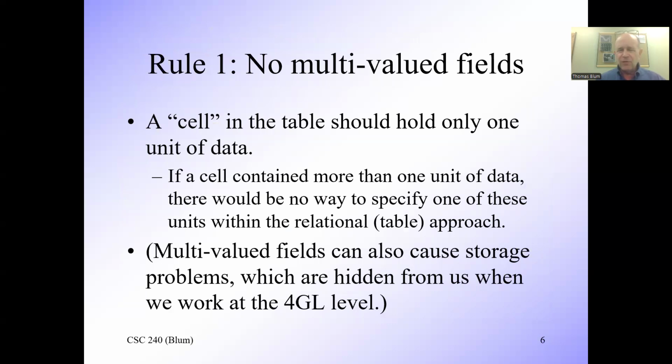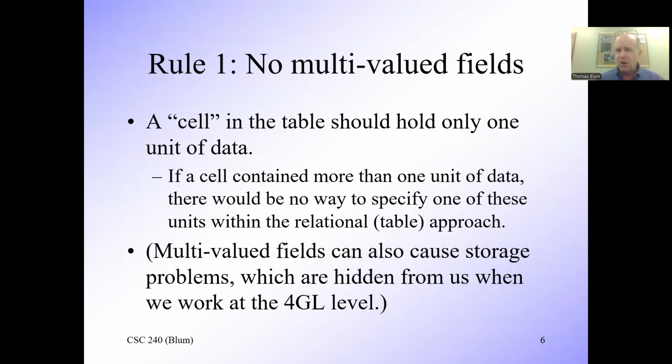Okay. So our first rule is that to be able to identify a unique piece of information, we should have no multi-valued fields. When I get down to tables, each little cell in the table, each intersection of a row and a column, should just have one thing in it.